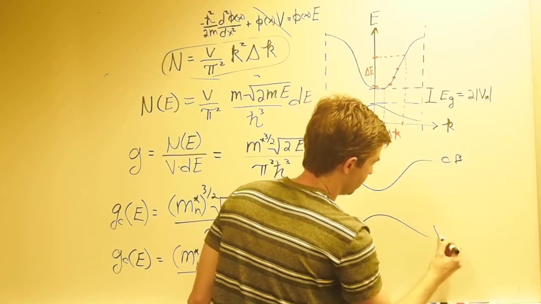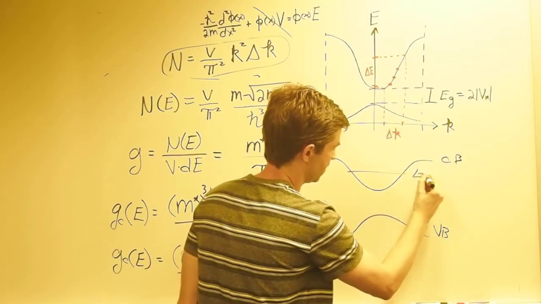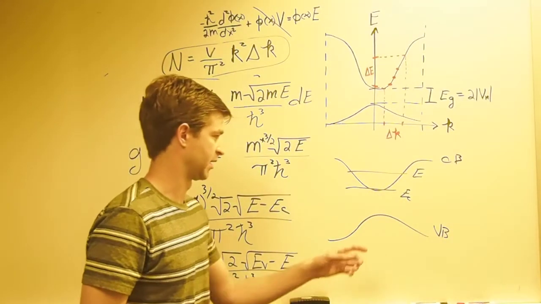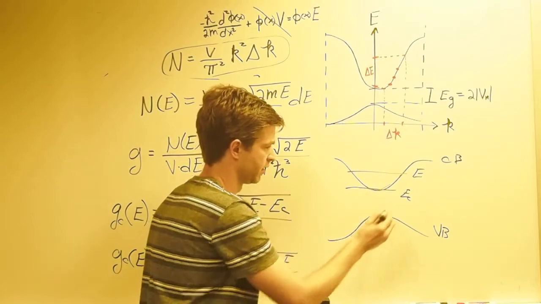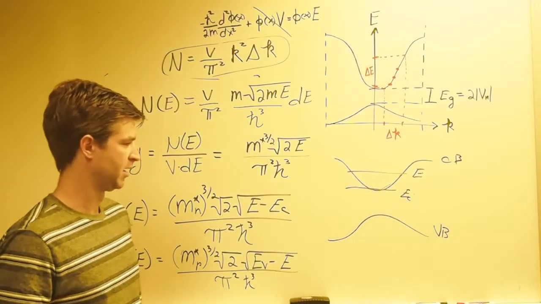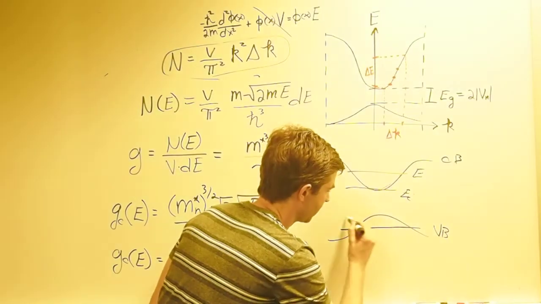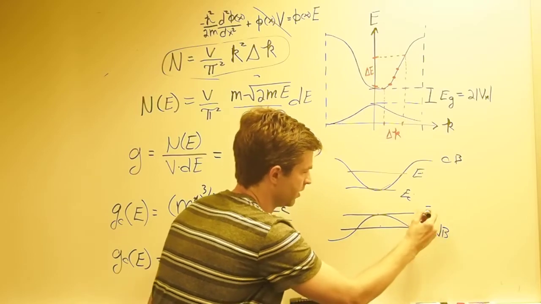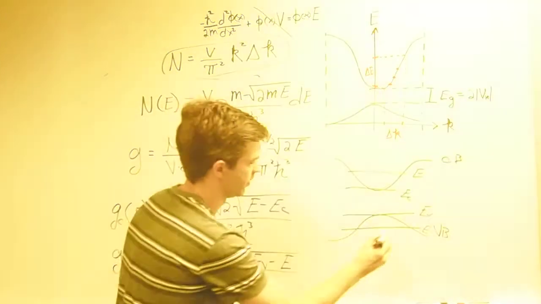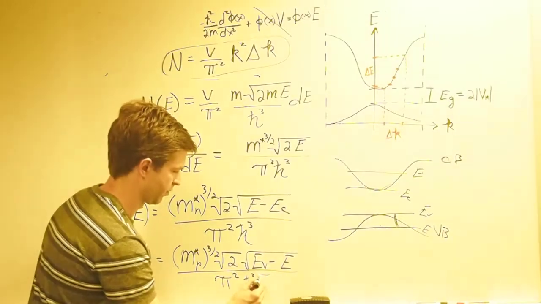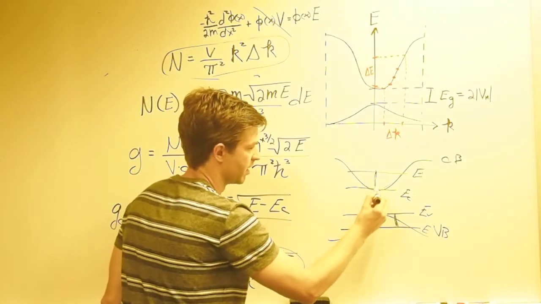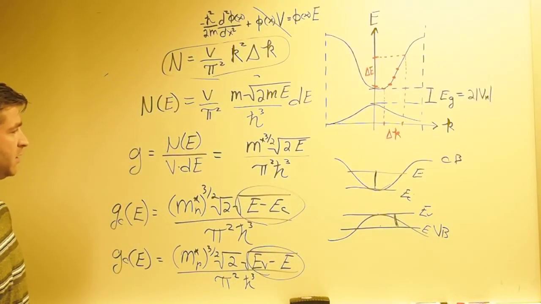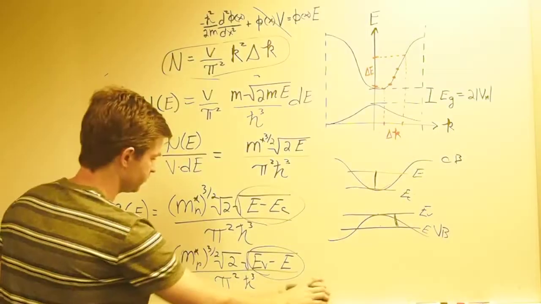Conduction band, valence band. If this is E, and this is E_C, if we want to find the available density of states in here, it's going to be E minus E_C. If we want to find the available states between here and here, this is E_V, it's going to be E_V minus this E. And this energy right here corresponds to this term, and this energy difference right here corresponds to this term. And that's how we find that. So, okay, you see that?